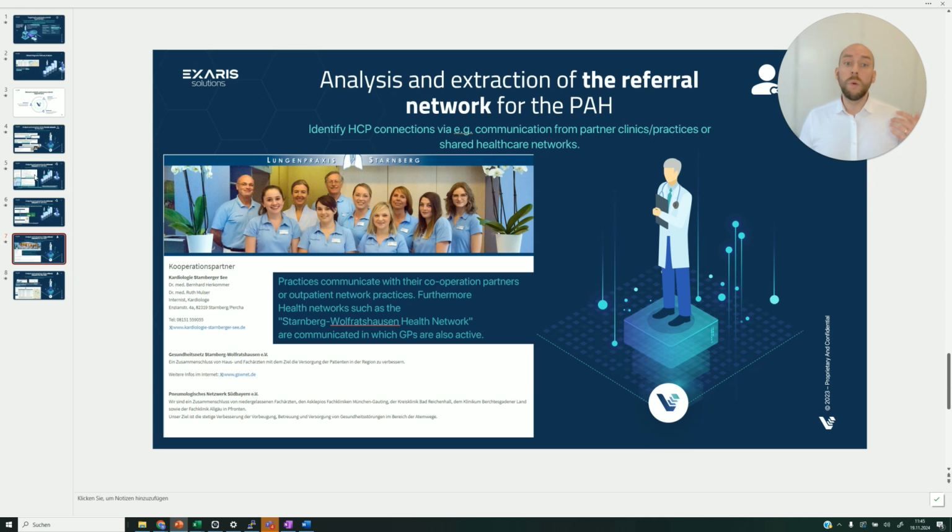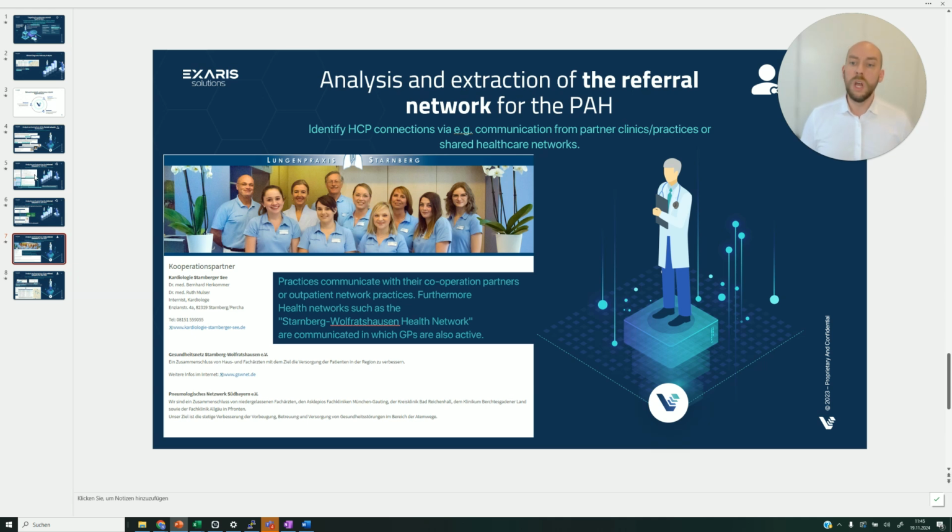Another network analysis is the referral network, because in rare disease, it's very important to have good connections, to have good patient pathways. And those physicians who know about those pathways and have a regional network already established, they communicate about it.